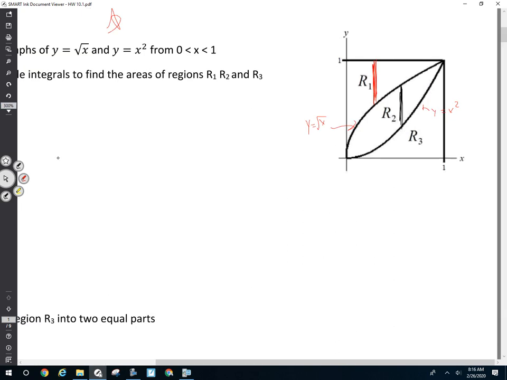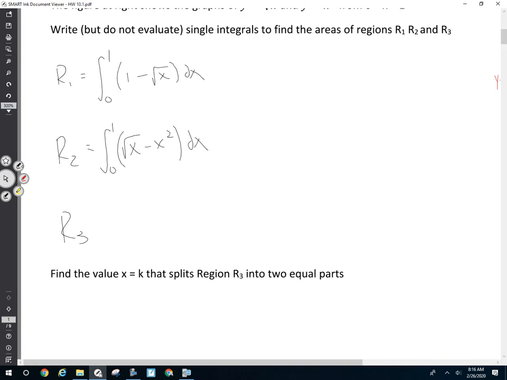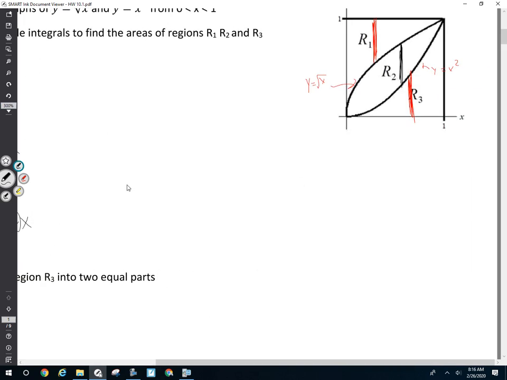R3. My heights are going to be the x squared minus 0. I don't have to write the minus 0, but just maybe if you want to, if you feel comfortable with the top minus bottom always, you can do that. Then we get that.